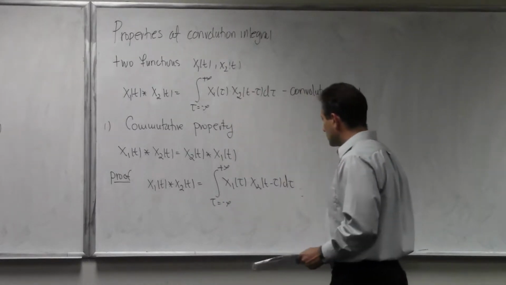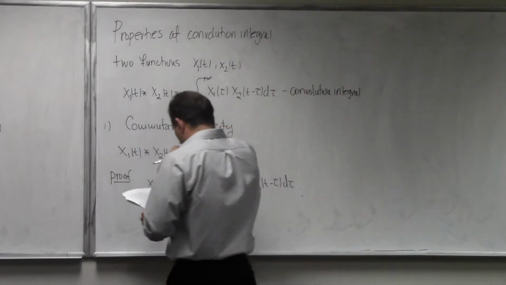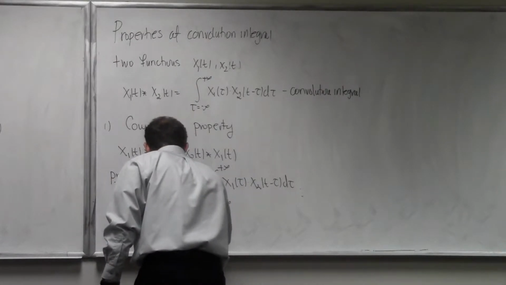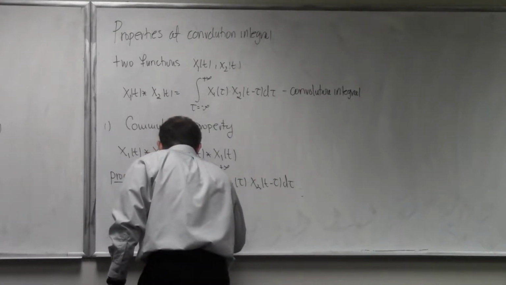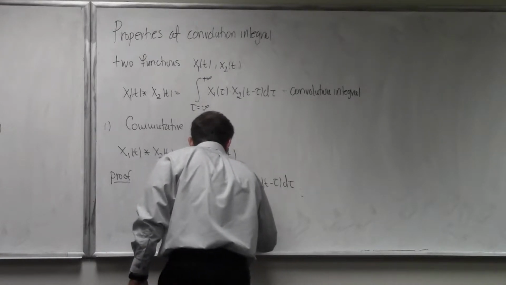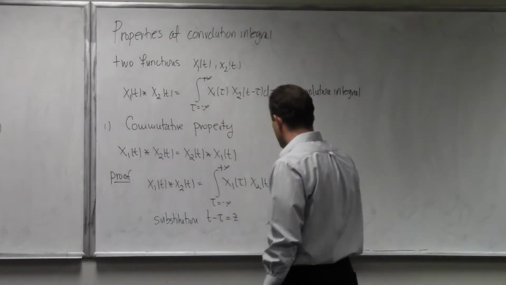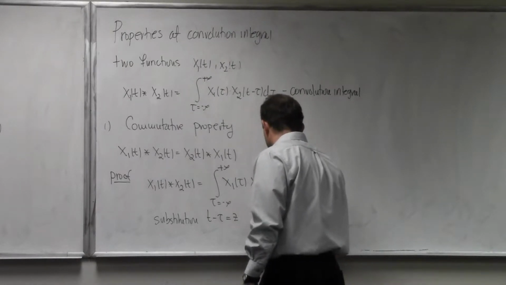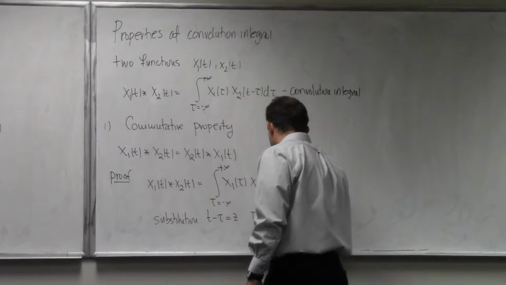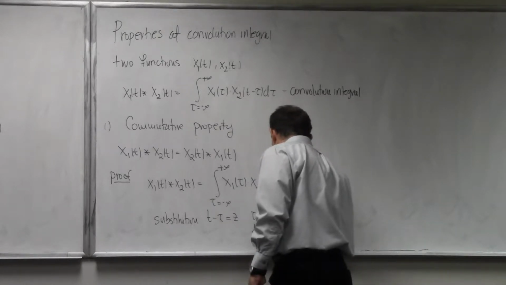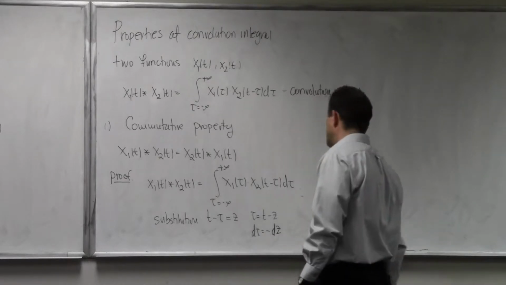Now I'm going to introduce a substitution, where I call t minus tau equal to z. From here, you get that tau is equal to t minus z, and d tau is equal to minus dz.